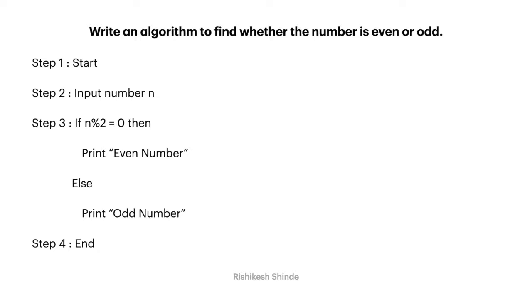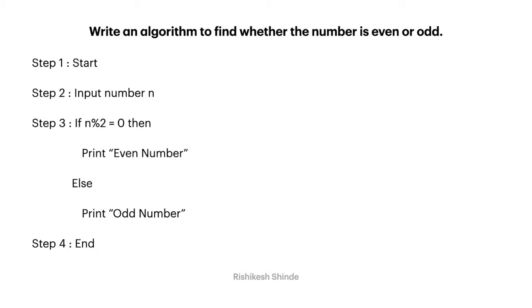Here are four steps. The first step in every algorithm is start. In second step we will input number n to determine whether it is even or odd. In the next statement we have control flow statements that will determine whether n, that is the input number, is even or odd.